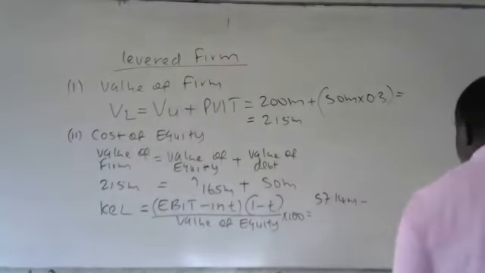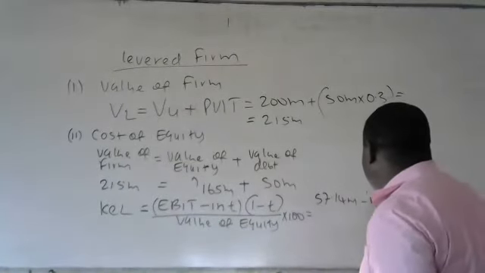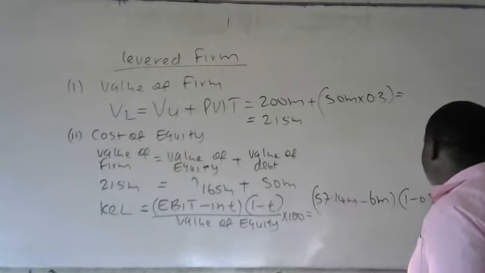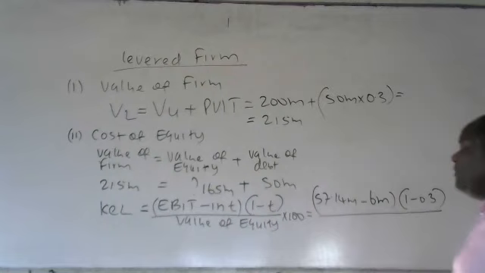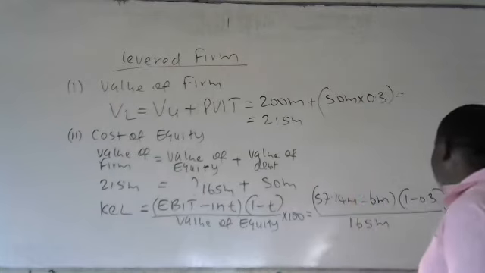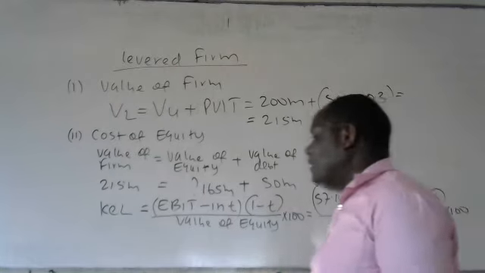So we subtract the interest of 6 million, multiply by 1 minus 0.3, and divide by the value of equity, which is 165. Then express it as a percentage.